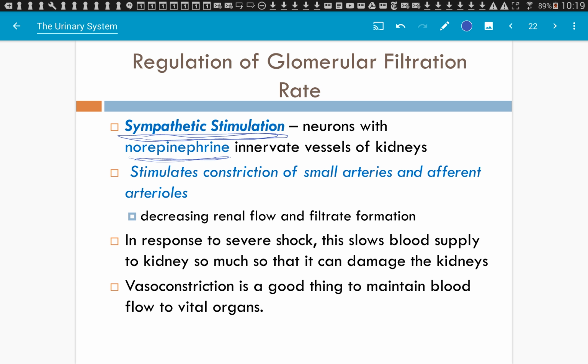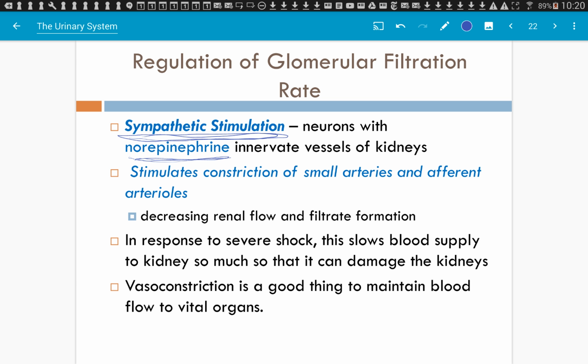They're the ones bringing blood into the glomerulus, so the flow of blood into the glomerulus decreases. So you constrict your afferent arteriole, the flow of blood into the Bowman's capsule decreases, okay, and decreases the amount of filtrate that's being formed as a result.